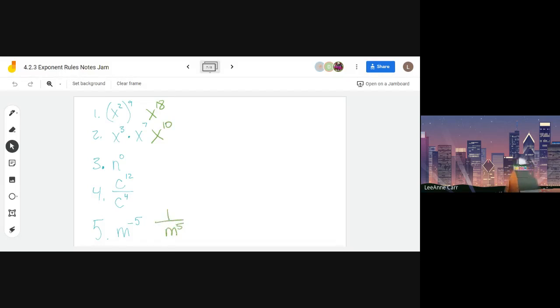Awesome job. Soraya, oh, number 4, remember that's our quotient rule. So we have to subtract those two exponents. So if we subtract those two exponents, what would we get, Soraya? And then Bailey, I'm still waiting on you. There you go. C to the 8th, good job.